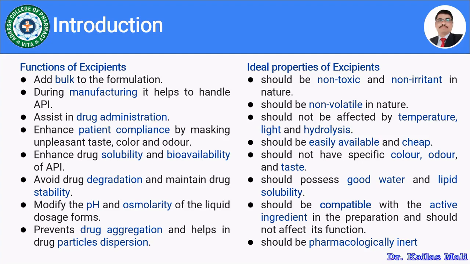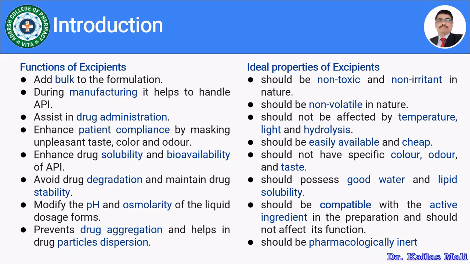It should not be affected by temperature, light, and hydrolysis. Whatever the excipient is, it should be stable during processing and during the storage period. It should be easily available and cheap; the cost of the particular excipient should be low. It should not have a specific color, odor, or taste.